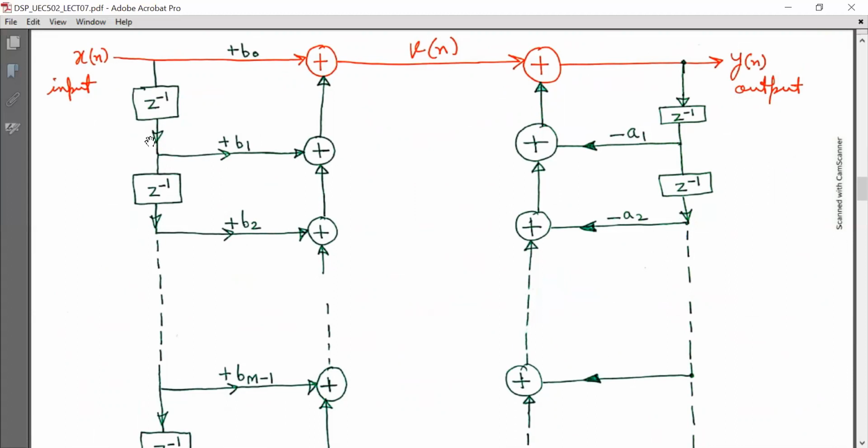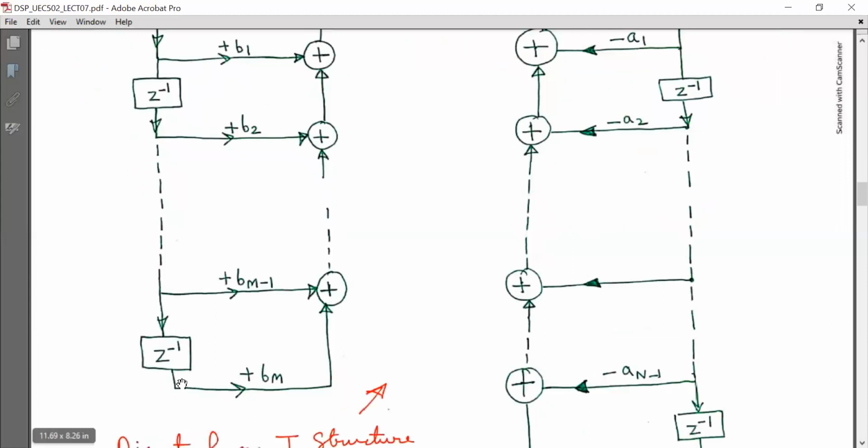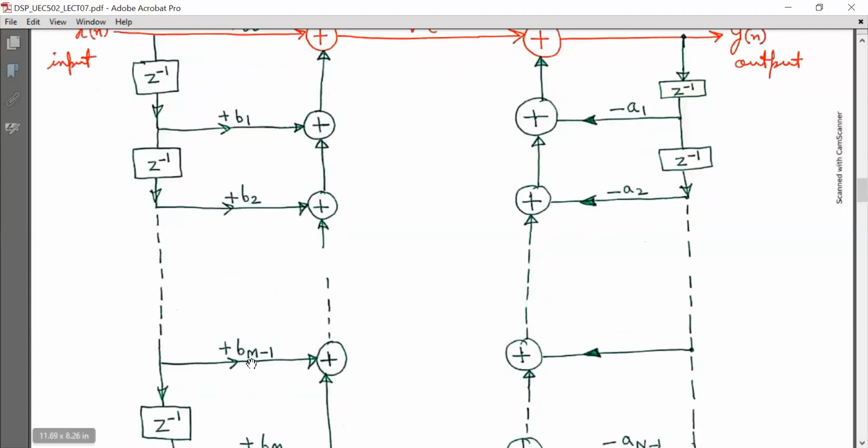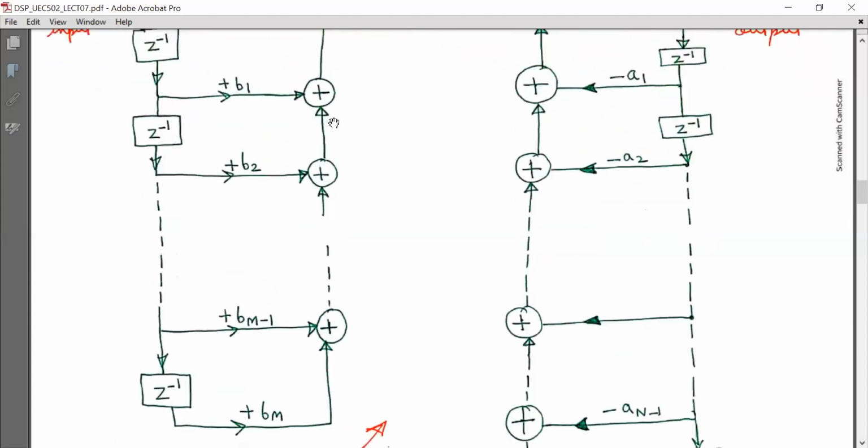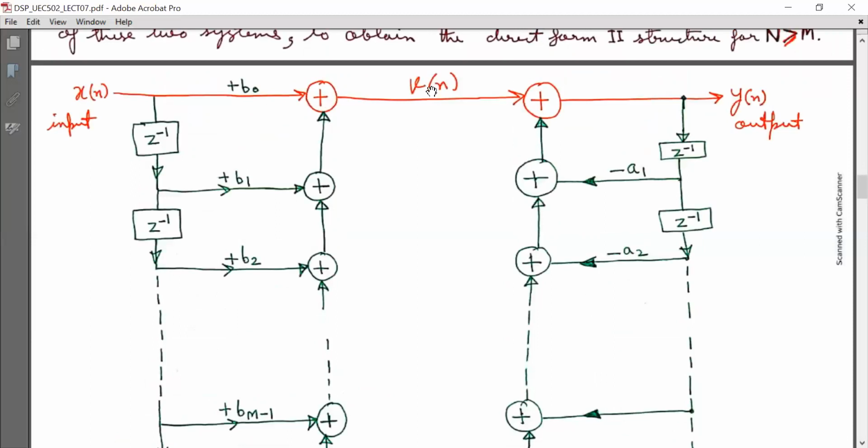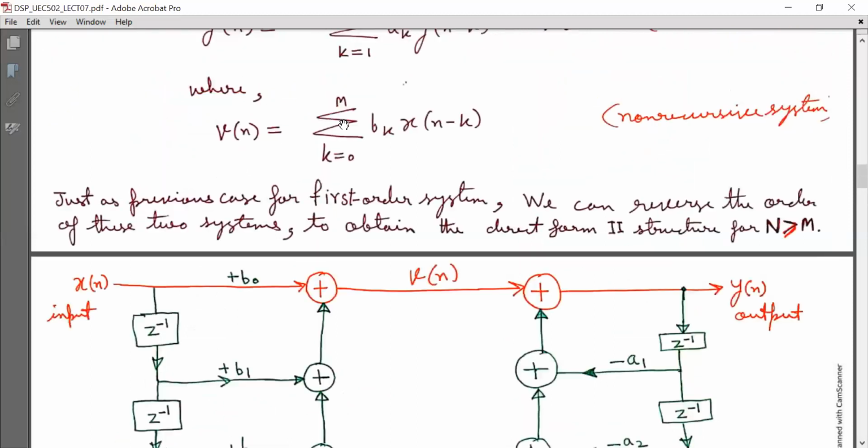Here x[n-1], here x[n-2], and here x[n-M], which is scaled by b_M, and this is an adder, and this is finally added here to give v[n], which is equal to summation k from 0 to M b_k x[n-k]. So from this part, this is justified. This section is a non-recursive system, and v[n] is input to the next section.